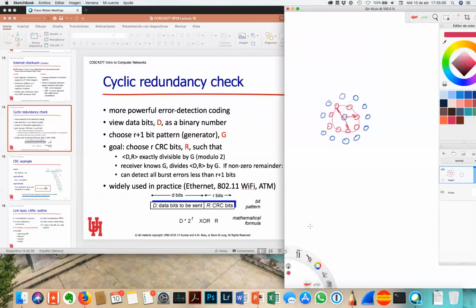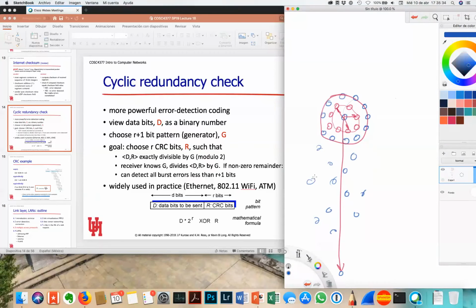The larger the generator you use, the more distance you're going to put between things. And so what that is basically going to mean is these guys are all going to be marked as frauds as well. In fact, you're going to have to go way out to here to find another valid string. And therefore, anything that happens in this area is not going to fool anyone. They're going to get caught as errors.